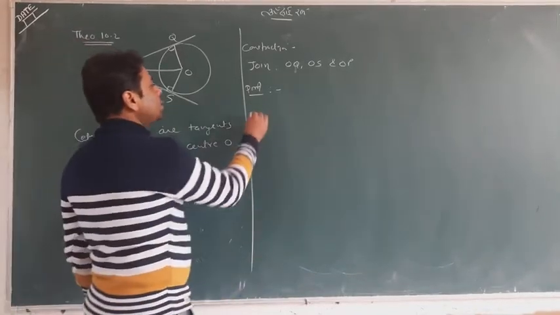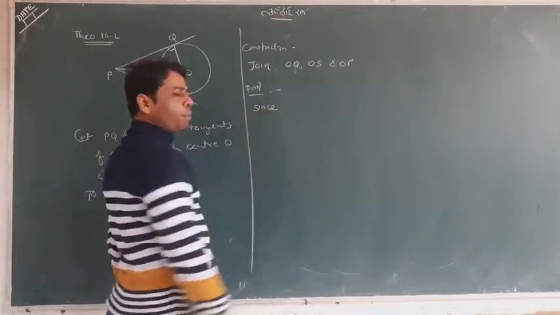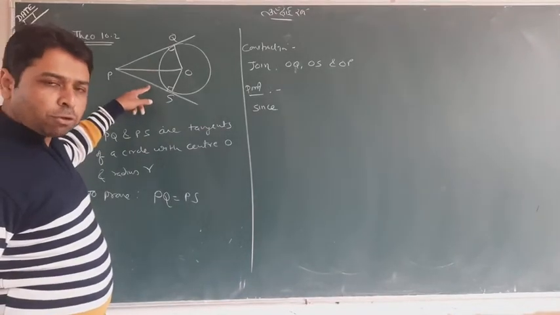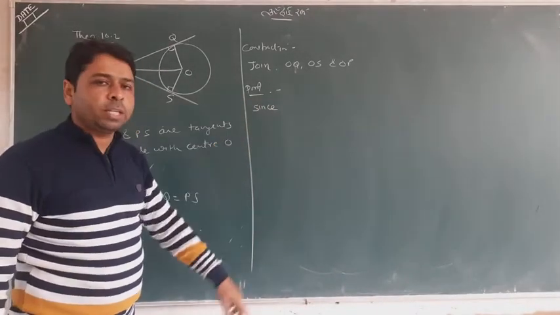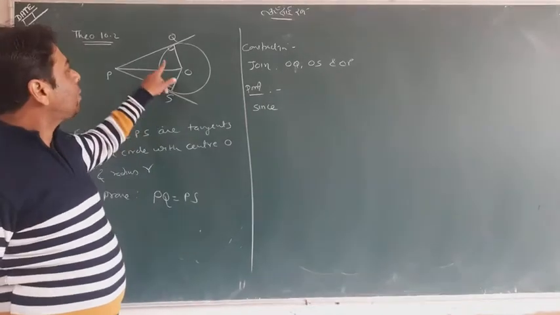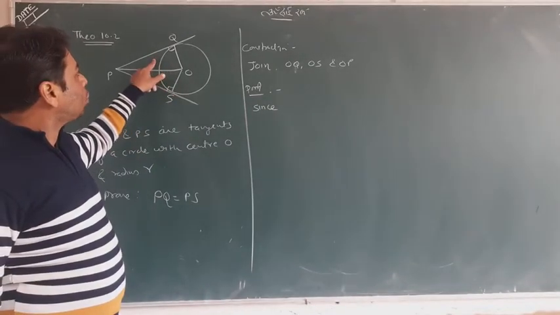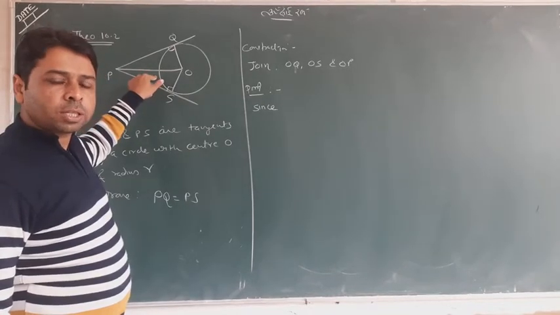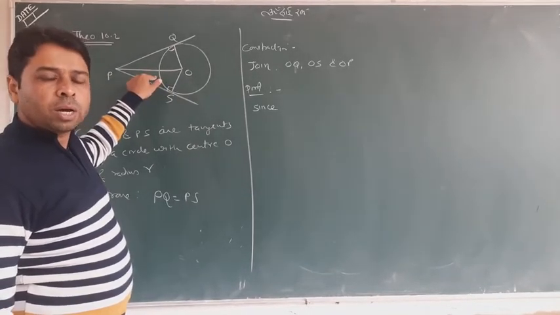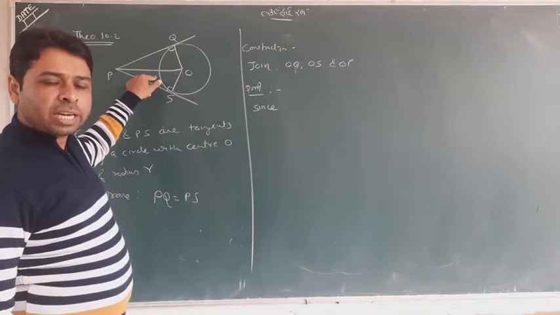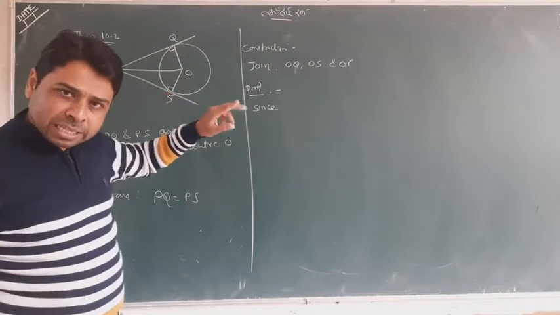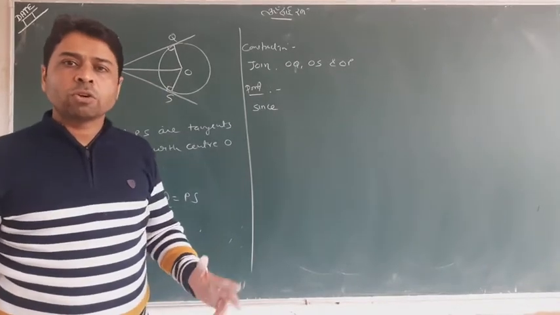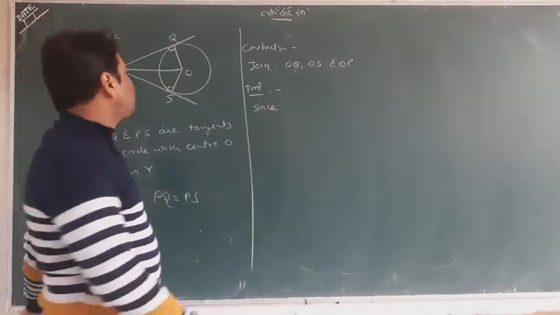Since it is a very simple question, we have to show these two are equal. Without writing any special word, I tell you that I will show the congruency between these two triangles. You are familiar with the word congruency. In class 9 you studied SAS, ASA, SSS, AAS, RHS congruency and lots more.